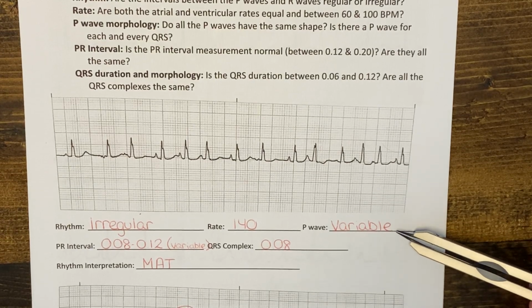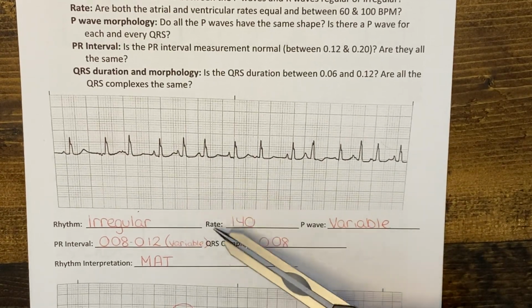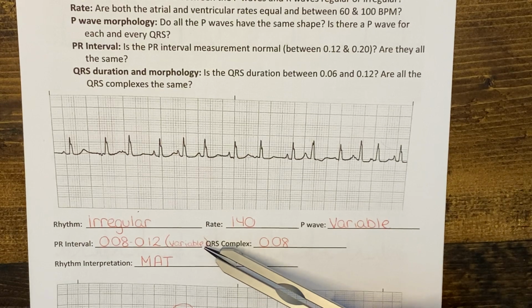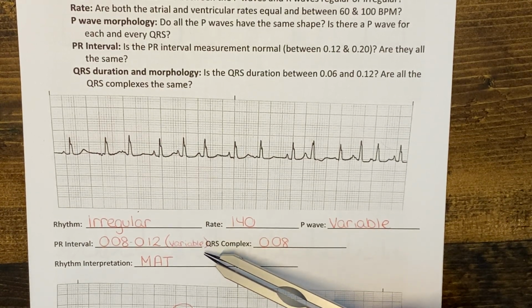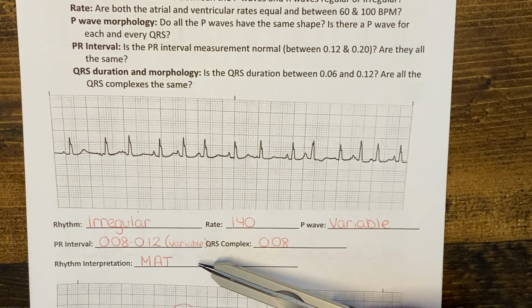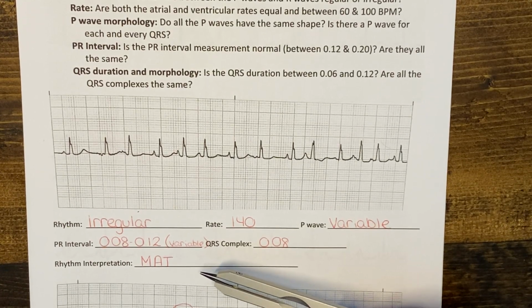Now, because this P wave is variable, we have a variable PR interval. And the reason for this is because the impulse is not originating from the SA node. It's originating from various areas in the atrium, and those areas are going to have varying distances to the AV node.